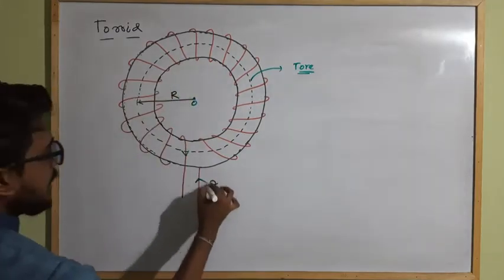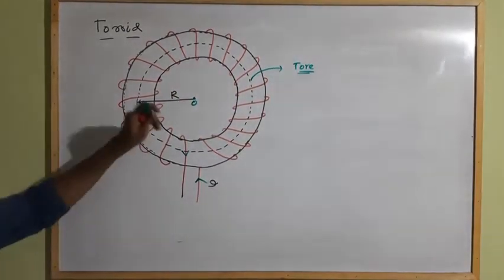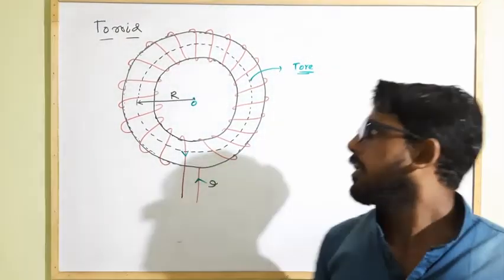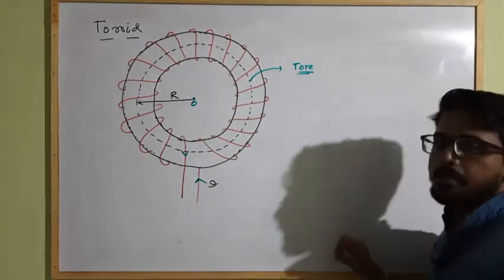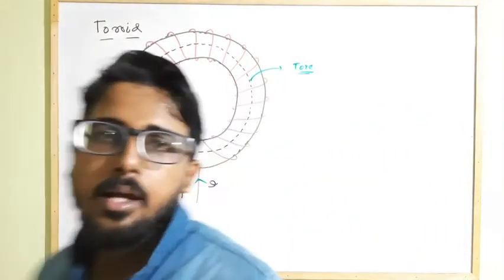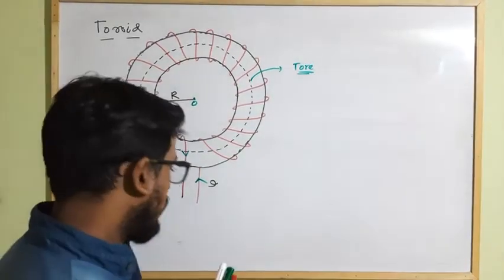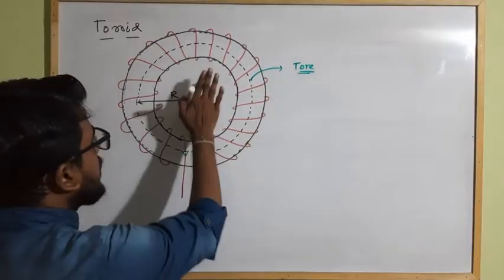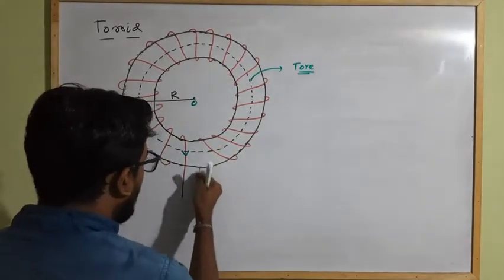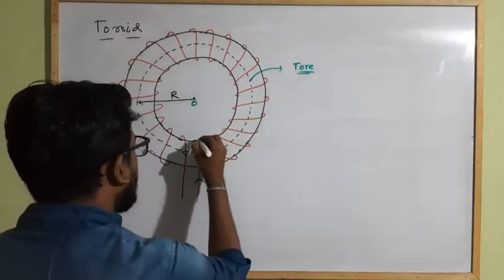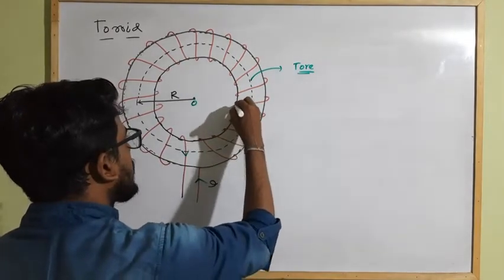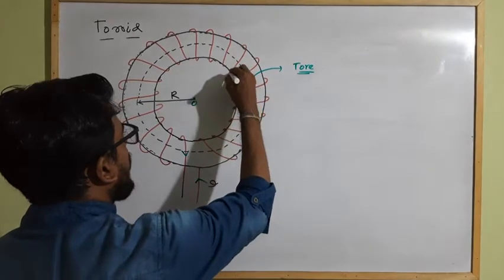It carries current I. So due to this current carrying segment, which is known as a toroid, we have to find out the magnetic field strength at different points by applying Ampere's circuital law. So first of all, if I cut it longitudinally, at each point here, if current goes like this, from each point of the coil at this position, the current comes outward.